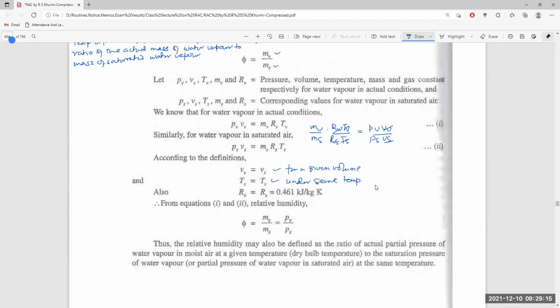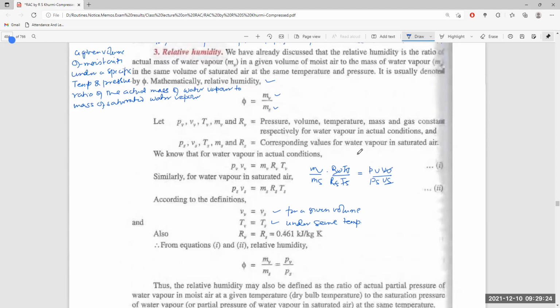Here it is obvious that the pressures are not equal in both cases. Pressures are varied, actually at the same temperature, not at the same pressure.